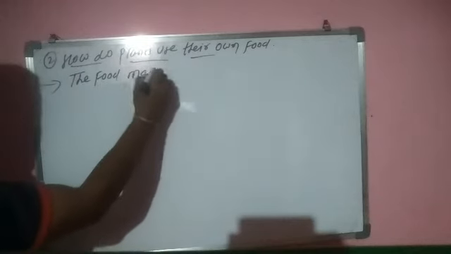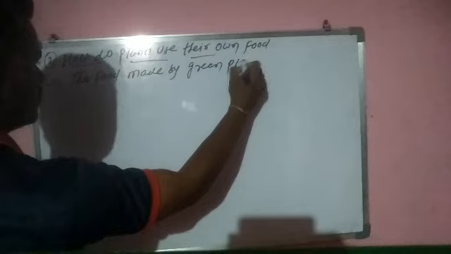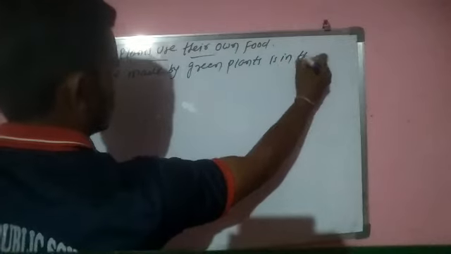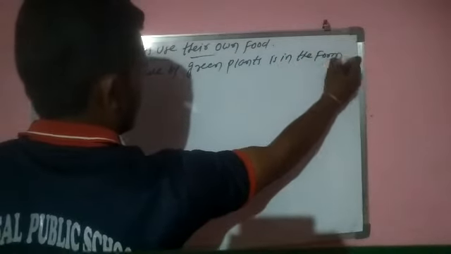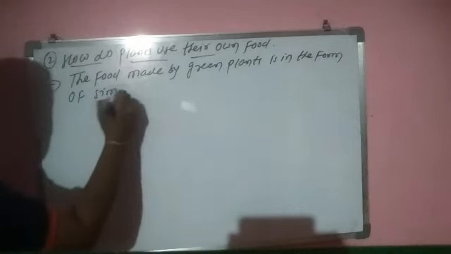Understand? Now see, write down: the food made by green plants is in the form of simple sugar.